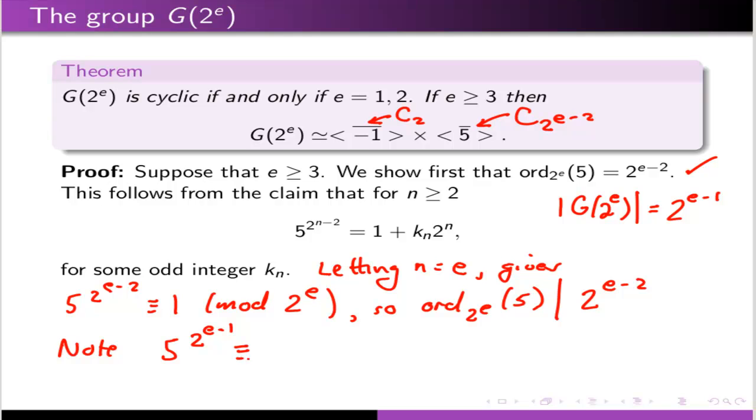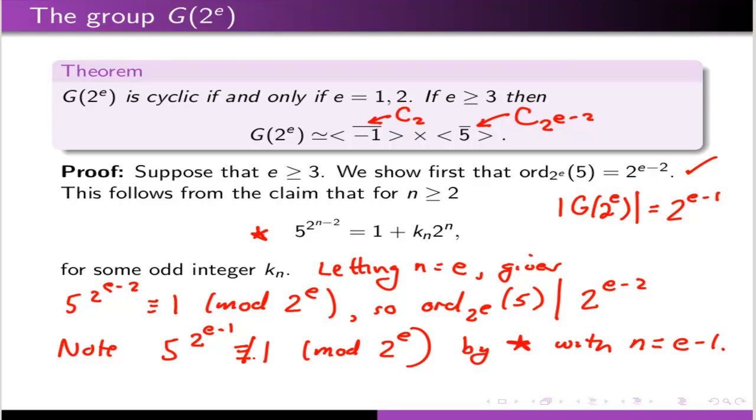So this is not congruent to 1 mod 2 to the E. Because if it was, then 2 to the E must divide this difference, but that's a false statement by star with n equaling E minus 1. Therefore, the order must in fact be 2 to the E minus 2.